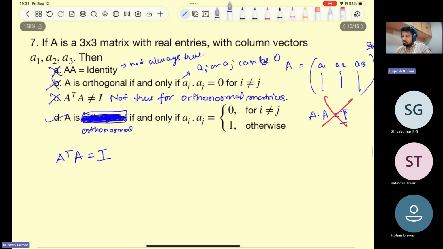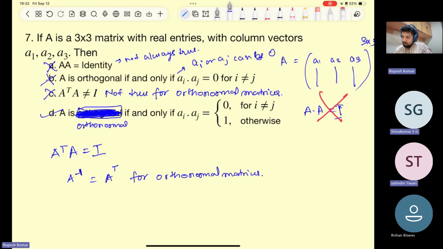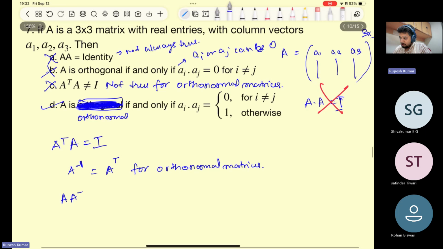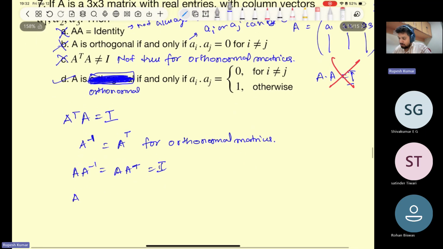When you look into the properties of orthonormal matrices, you will see that A inverse is essentially A transpose for orthonormal matrices. So now when you do A into A inverse, which is A into A transpose, you get identity, right?